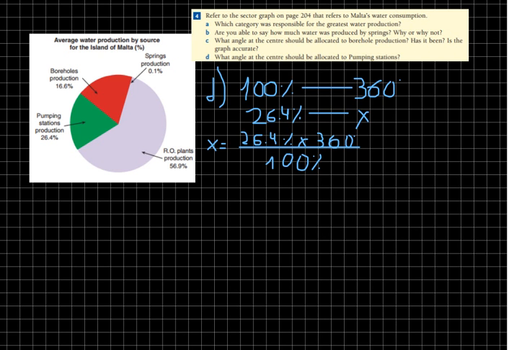All right, we can cancel both percentages right there. Now we have to multiply 26.4 by 360. Once again, we're going to change that decimal into a fraction, and that will be 264 tenths multiplied by 360 first.